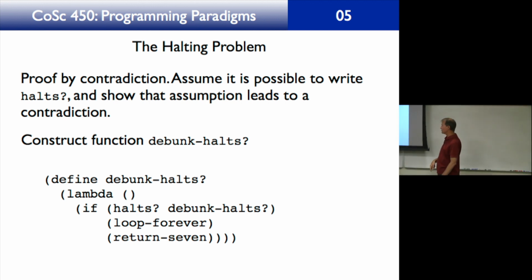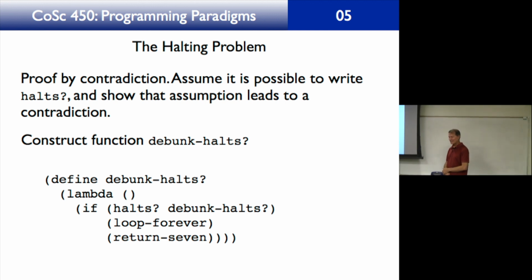So now, here's the code for debunk halts. Now, you guys, watch this. Look at debunk halts. First of all, how many parameters does it take? Zero. None. It simply does what? It says, if halts, and now what is the parameter?